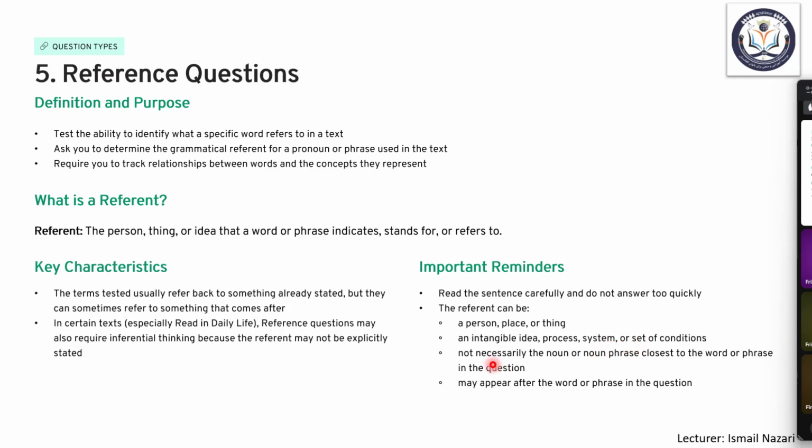And it is not necessarily the noun or noun phrase closest to the word or phrase in the question. It's not always like that. It might be the opposite. So it may appear after the word or phrase in the question. So it may be before the referent word or after it.